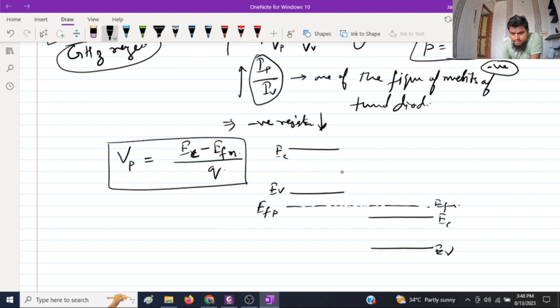Now if these are filled with electrons, and you move it and align it with this one, then only you will have maximum current, assuming that both are actually the same. Okay, let's assume both are equal. But if not, then you will have to see when actually the maximum overlap is there.